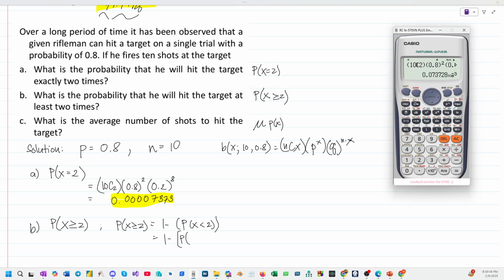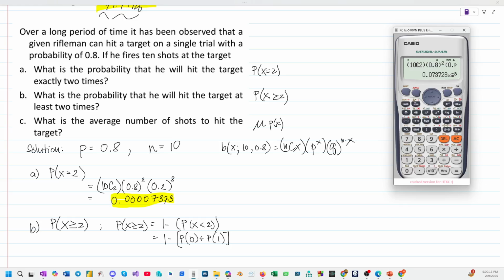Diba? So, ano yung mga yun? Probability of 0, 1. Yan lang. Okay? Yan lang naman siya. Add lang natin siya. Subtract natin siya sa 1, dahil this is cumulative distribution function lang din naman yun.